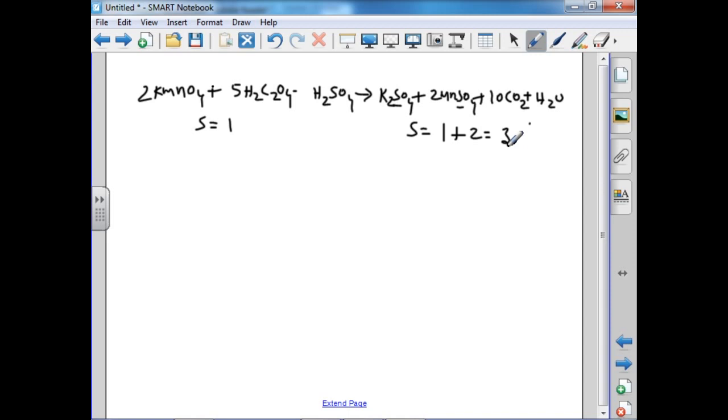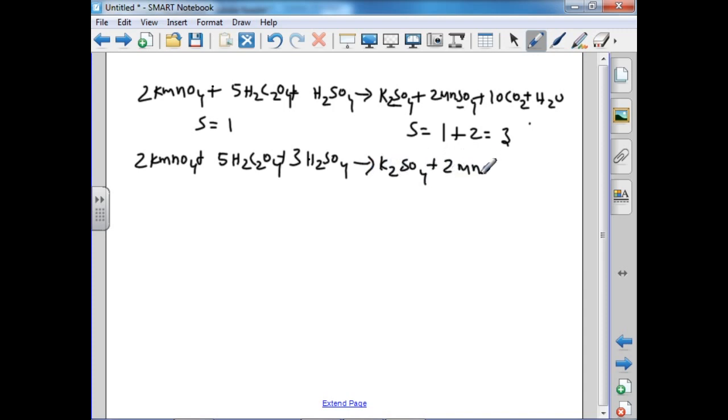So we multiply sulfuric acid by 3: 2 KMnO4 + 5 H2C2O4 + 3 H2SO4 gives K2SO4 + 2 MnSO4 + 10 CO2 + H2O. Now all the atoms are balanced except hydrogen and oxygen.